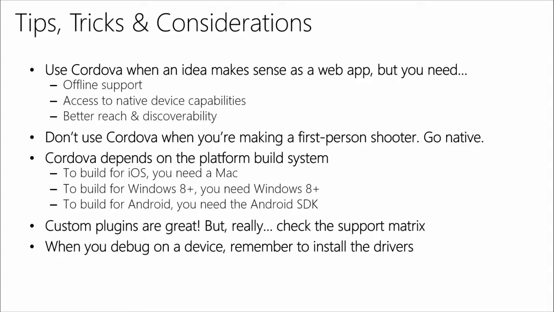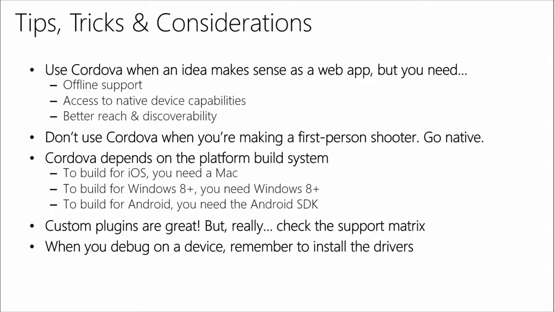Right. If you need access to native device capabilities, if you need to know the light level, the accelerometer reading, the geolocation, and I know that in the browser you can get geolocation with browser technologies alone now, but there's a geolocation technology that's built into the device, and it's going to differ somewhat from the one in the HTML5 standard.